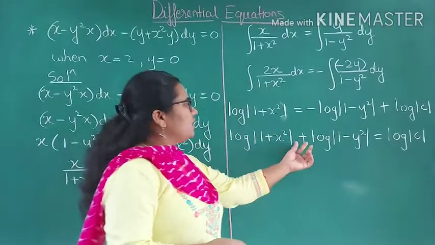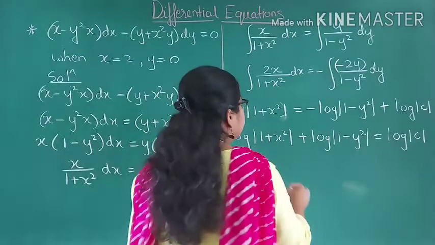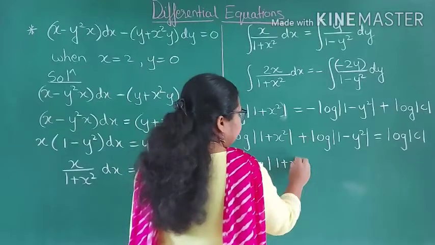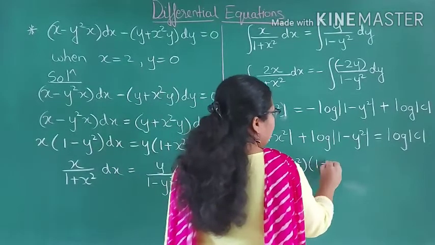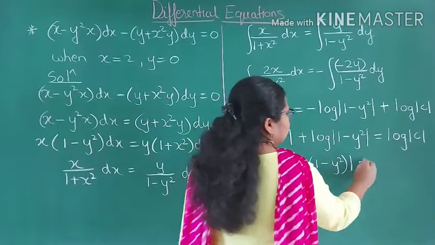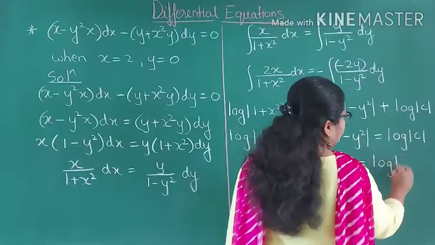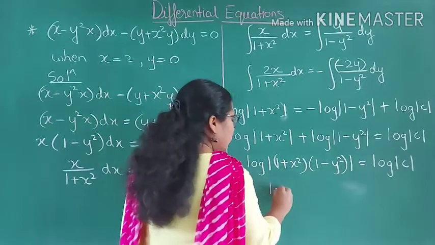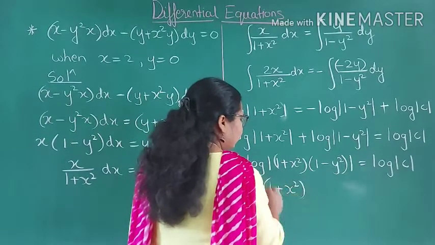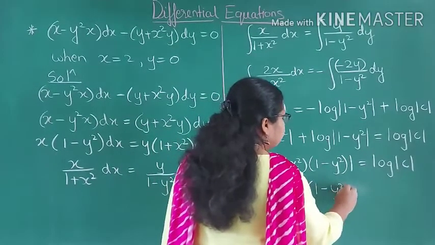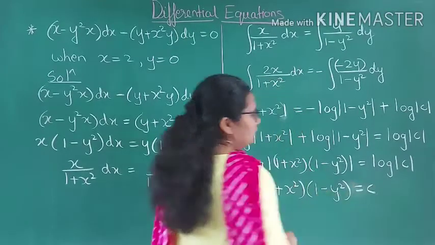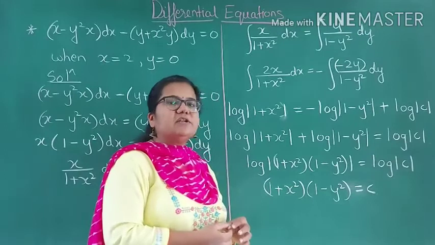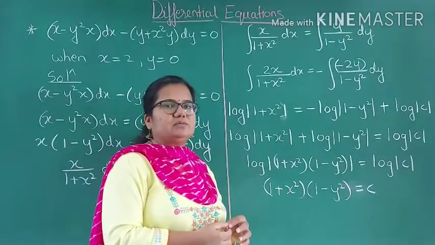Yes, then addition means using the law of product. This is equal to log of 1 plus x square into 1 minus y square is equal to log of c. And when you compare both the sides, we get 1 plus x square into 1 minus y square is equal to c. So this is your general solution for the given differential equation.